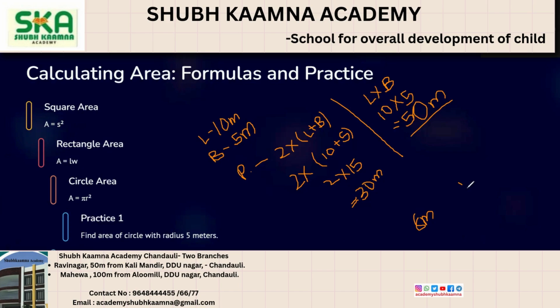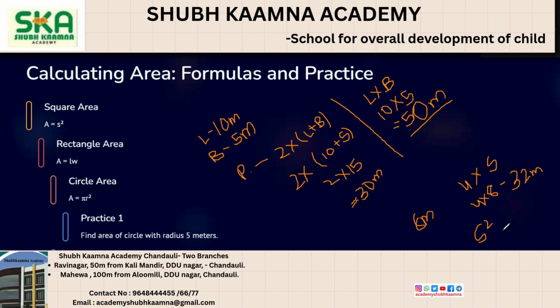So for perimeter, we do 4 into side. So 4 into 8, that is 32 meters.